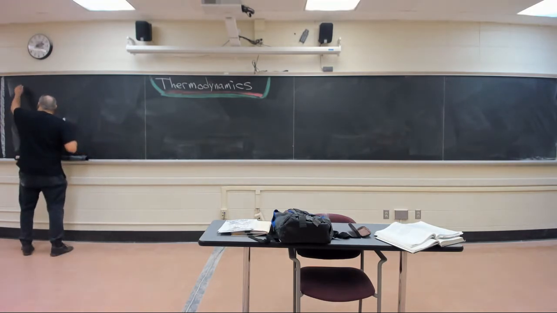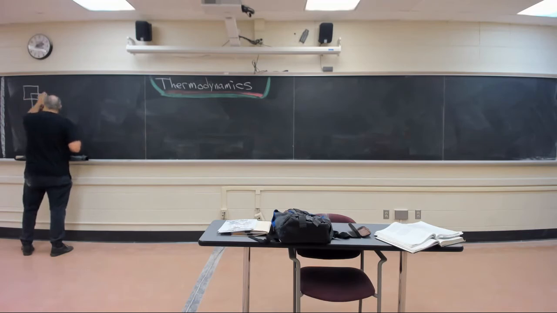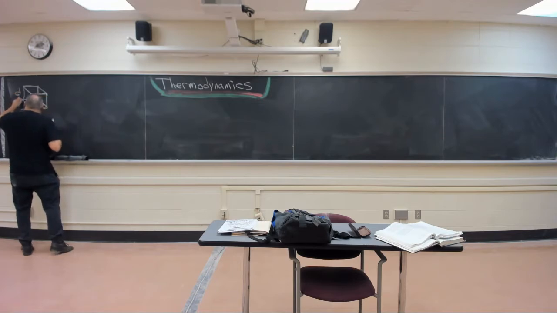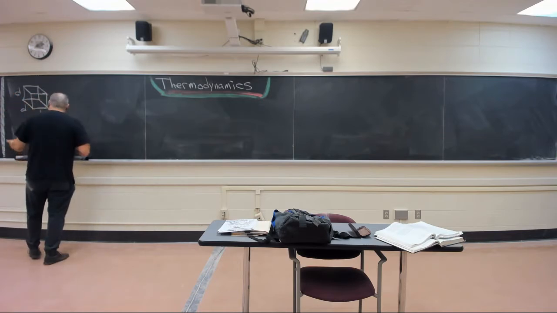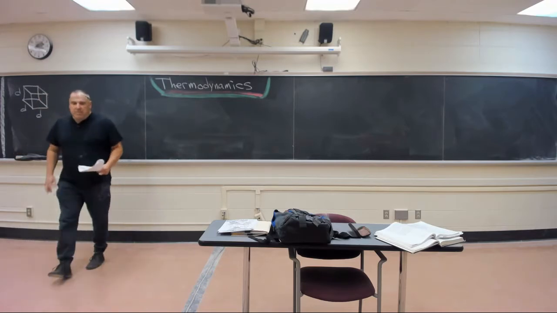If you had a square box, that's D length, that's D length, that's D length. And everything's just bouncing all over the place. Now, here are the assumptions they make, guys.